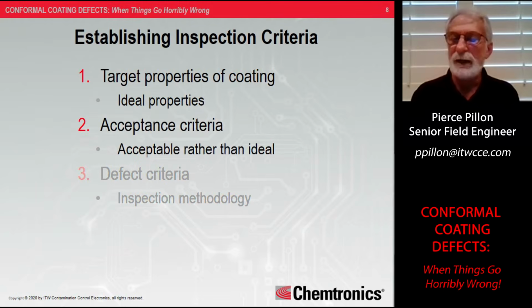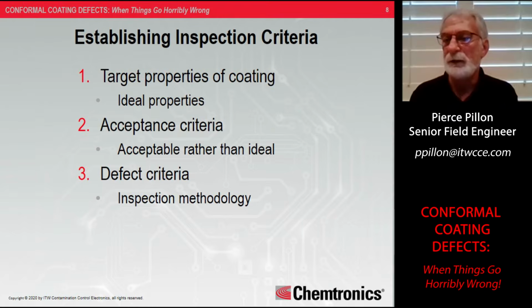The next is your acceptance criteria. They may not meet your target, but this is what is considered acceptable. And from there, you can further define the criteria for deeming it a defect.